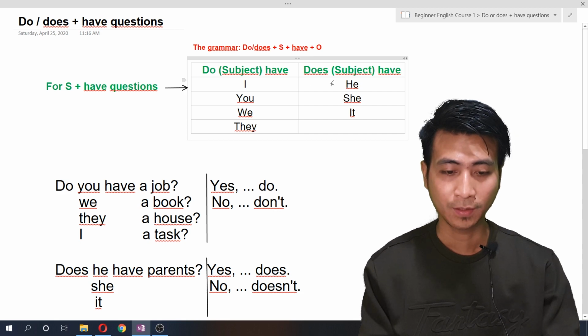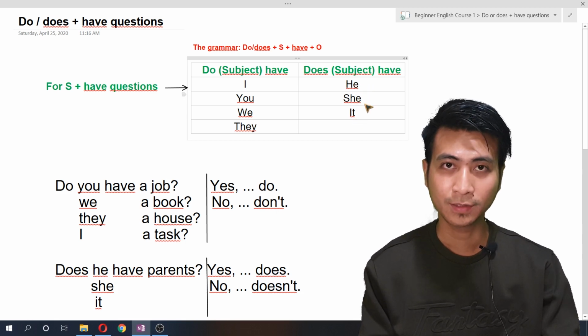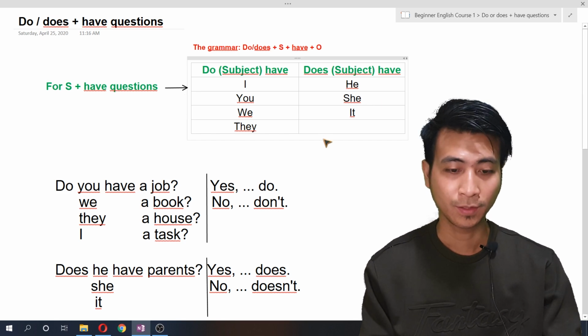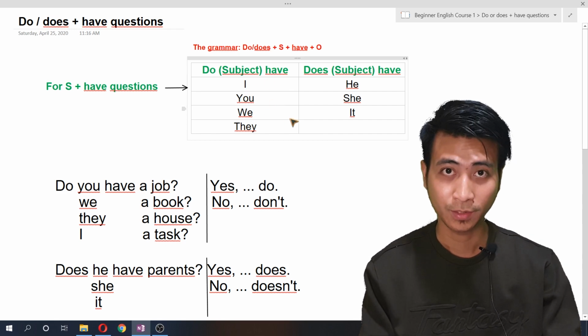And on the right side we use does for the subjects he, she, it. For he, she, it, we can't use do in an interrogative sentence or in a negative sentence. So here we have to remember how to use do or does with the subject we will use.